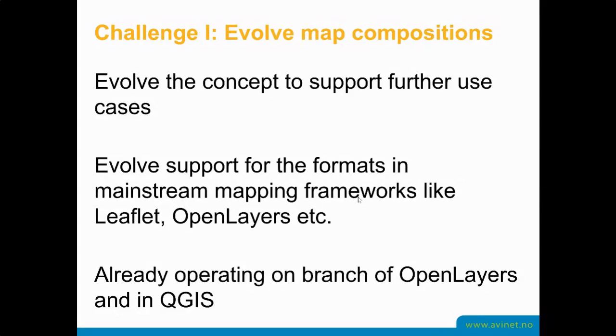And for that matter, also, let's say the ArcGIS JavaScript API or any sort of other major widespread mainstream mapping framework. It's already operating on a branch of OpenLayers, a long-lived branch that Raitis is the lead developer of, this HS Layers next generation, or whatever it's called nowadays, which is a very capable branch of OpenLayers, as well as in QGIS.